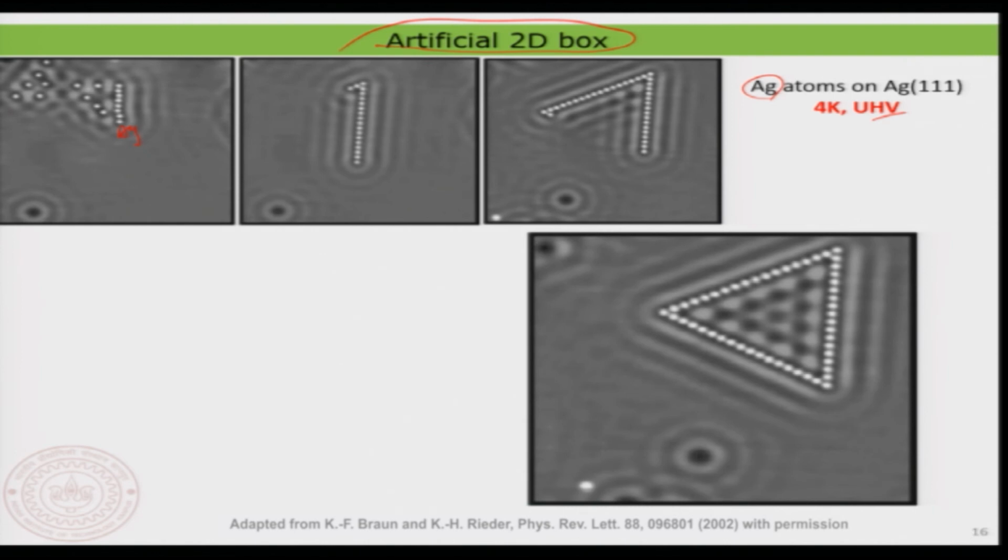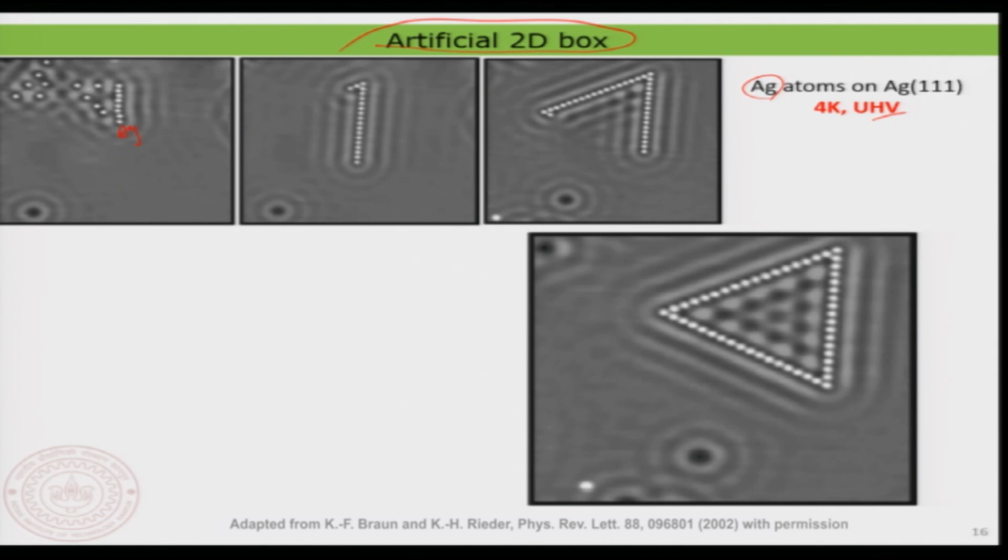Now when you make a triangular chain, what you see around the chain is interesting, because everything that we are doing is on a two-dimensional, metallic surface. What do you expect on a metallic surface? A sea of electrons, in fact.